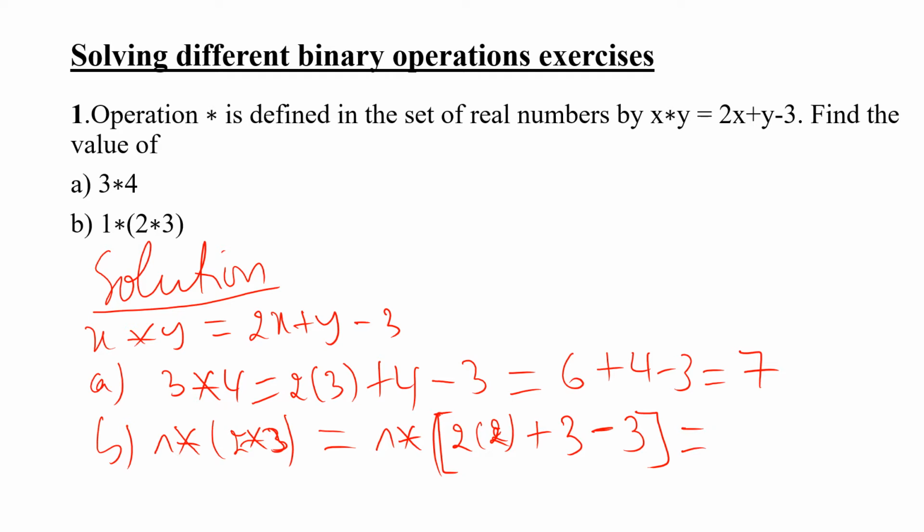Equals 1 star, here we have 4 plus 3 minus 3 is 0.